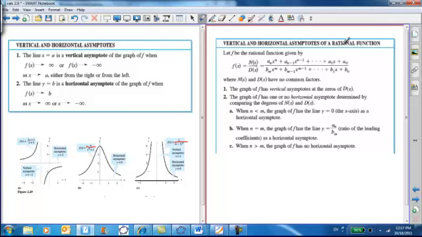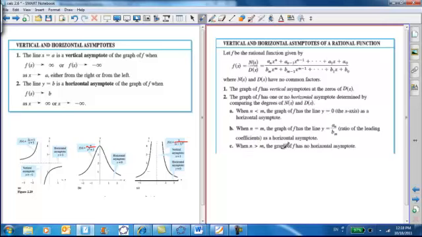Now, for a rational function that is a ratio of two polynomials, as long as you've got this fully reduced, then you get the vertical asymptotes by setting the bottom equal to 0. The horizontal asymptotes are a little trickier. If the degree on the top is less than the degree on the bottom, we saw some examples of that over here, then you just get a horizontal asymptote of y equals 0, the x-axis itself.